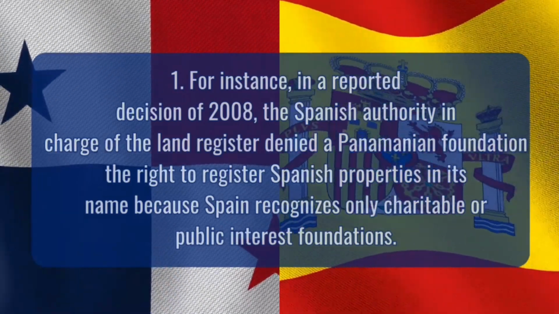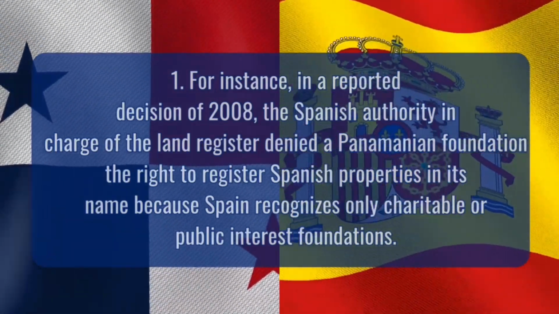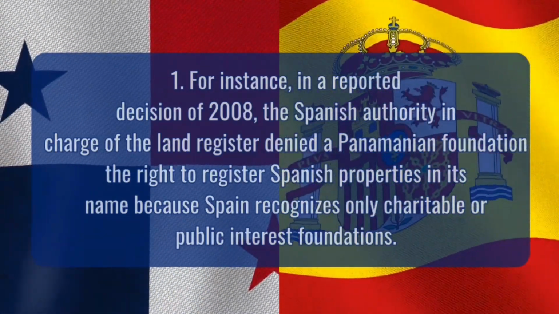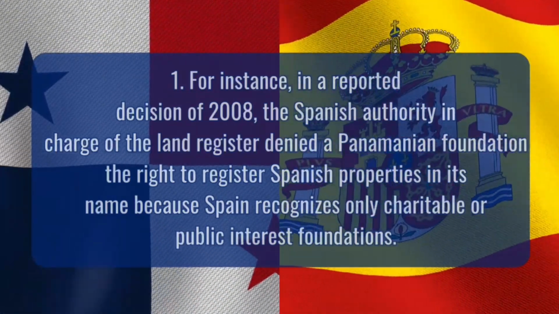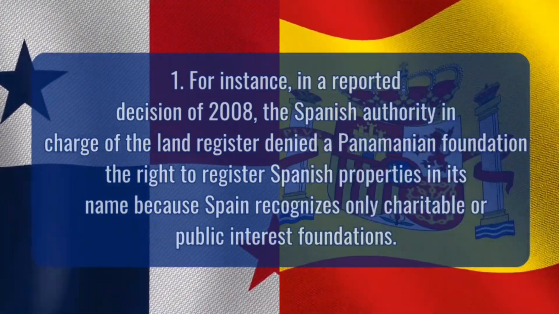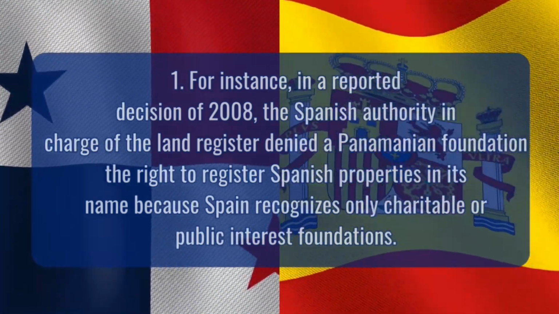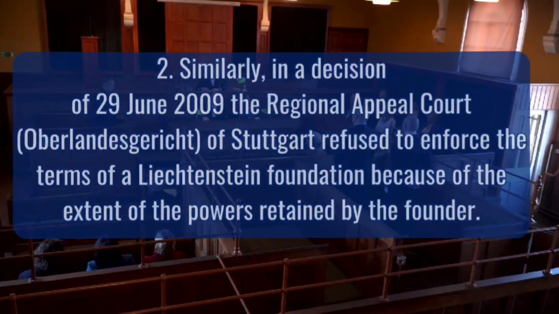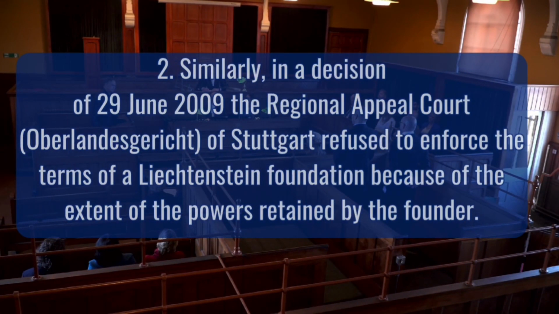The Spanish authority in charge of the land register denied a Panamanian foundation the right to register Spanish properties in its name because Spain recognizes only charitable or public interest foundations. That's one. And secondly, in a decision in 2009 in Germany, the regional appeal court, the Oberlandesgericht of Stuttgart, refused to enforce the terms of a Liechtenstein foundation because of the extent of the powers retained by the founder. So what is my point?